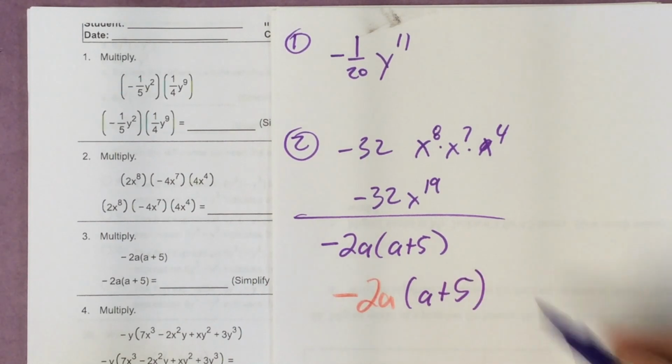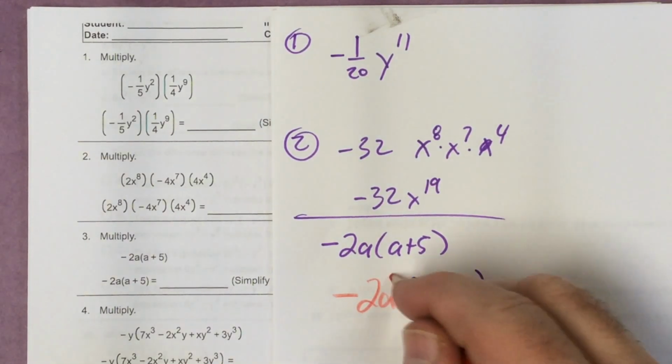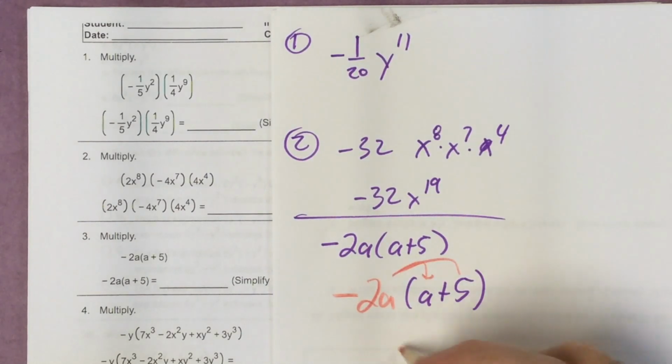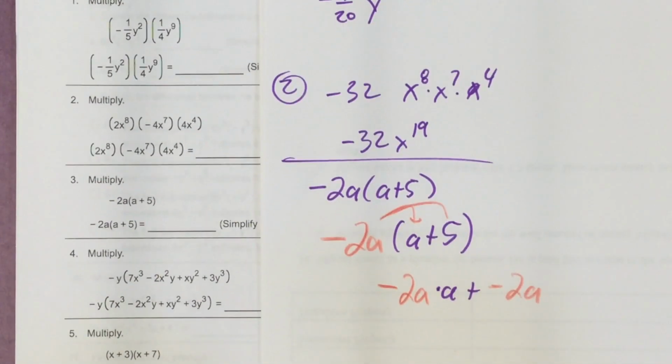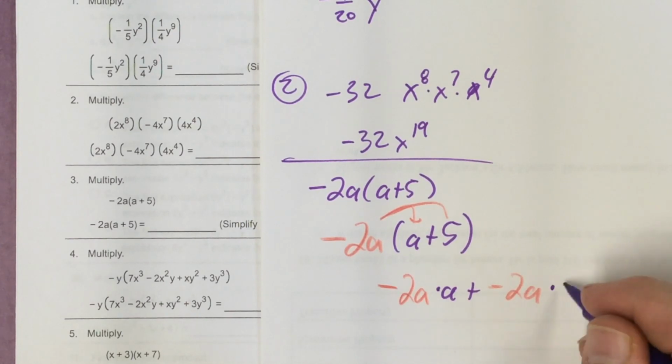Now, I won't do this for all the work I'm going to do, but just for these couple examples we've got coming up. So when I distribute negative 2a times a plus 5, I'm going to write negative 2a times the a on the inside, and then plus negative 2a times 5.